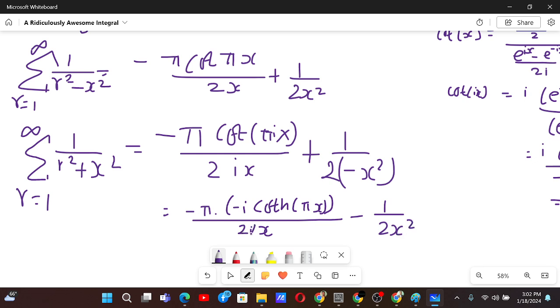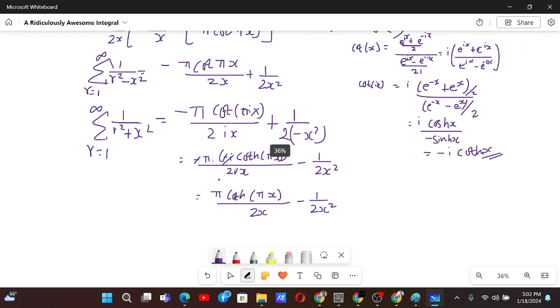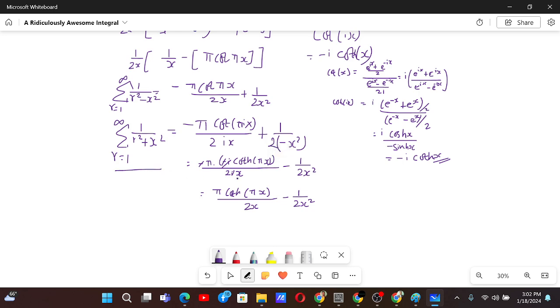The minus signs multiply and cancel, so we have pi cot pi x by 2x minus 1 by 2x square. So now this is the formula for the expression that we needed.